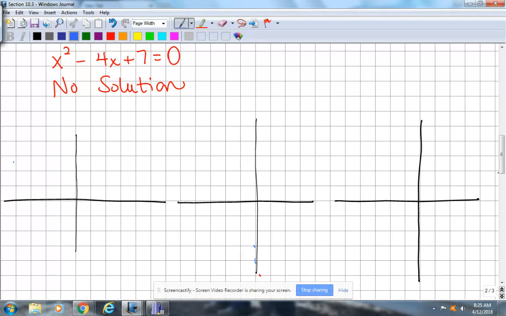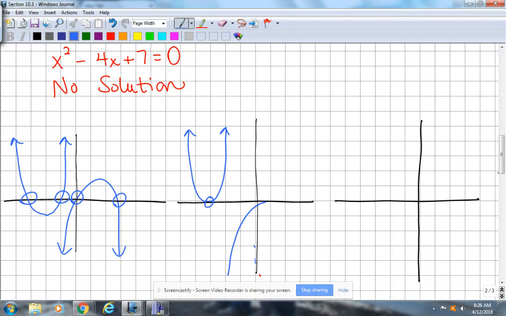A lot of times, your parabolas will touch the graph in 2 places. And then you'll have how many solutions? 2. Or it could be upside down and cross in 2 places and you have 2 solutions. Or it could be a situation where only the vertex touches the x-axis, so then you would have 1 solution.